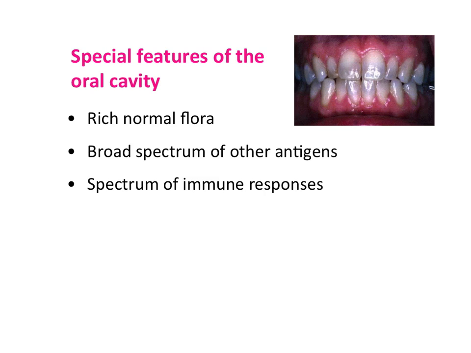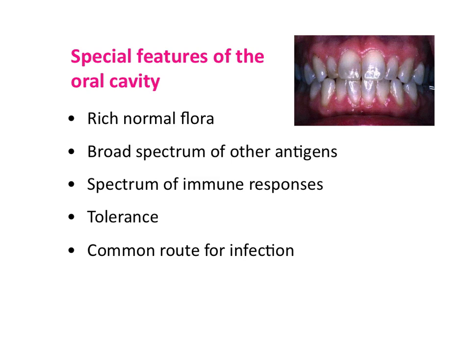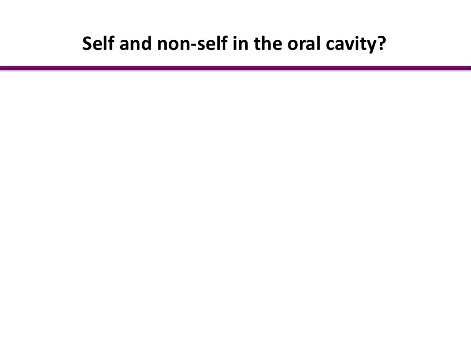Basically all components of the human immune system are present there, and there is a lot of tolerance going on. If the oral mucosa responded as aggressively as for example lung mucosa, we would have severe inflammation in our mouths all the time. It is a very common route for infection and a place for natural immunization.